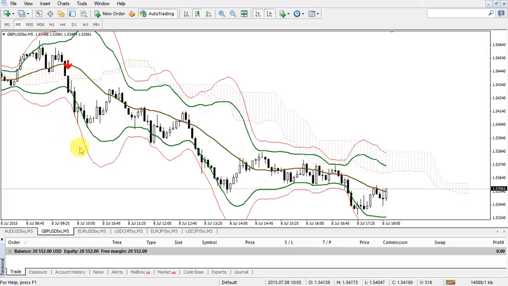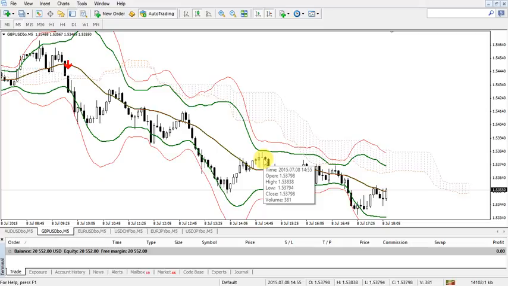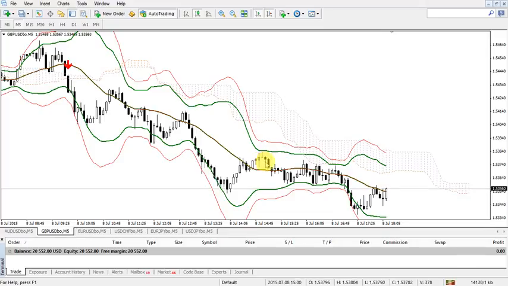And the reverse of a hammer is called a shooting star, which is the one we see right here where my cursor is. And it's basically an inversion of the hammer. A shooting star is like a sharp pin bar pointing upwards, and it identifies a reversal downwards. So this is exactly the pattern that we're looking for.